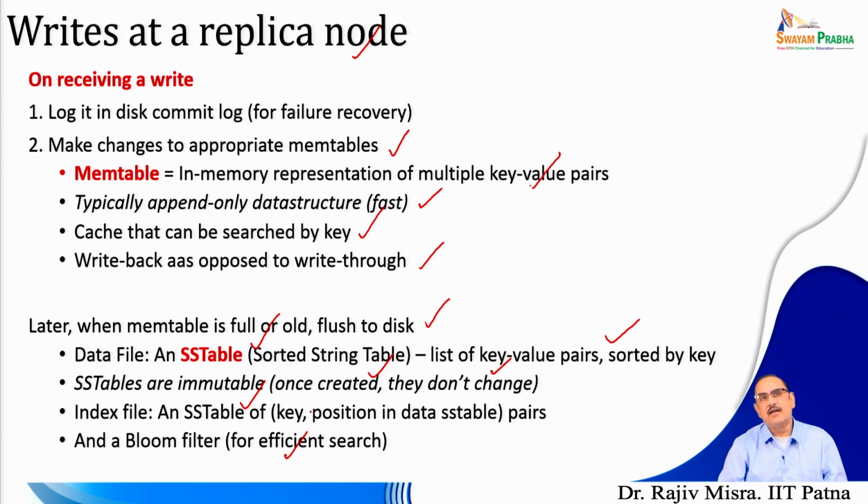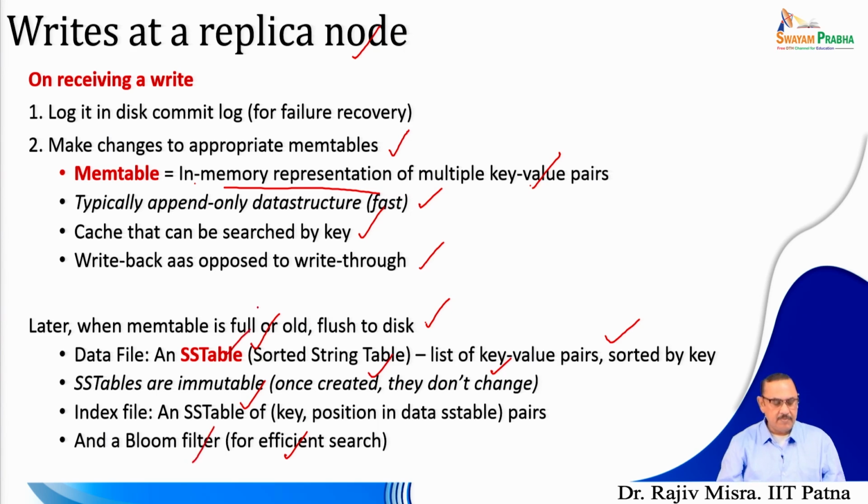So, you can see that the write will become quite fast, because it is using the in memory representation of multiple key value pairs, and it only supports an append only data structure, and often for the search it uses the Bloom filter. Why?